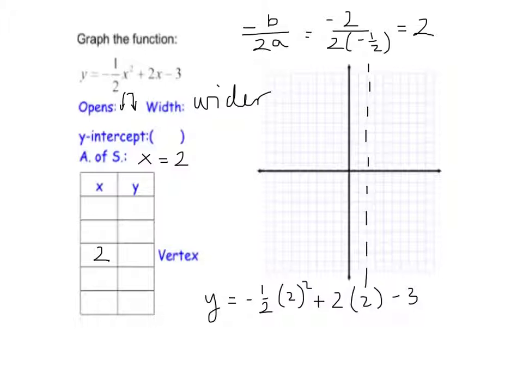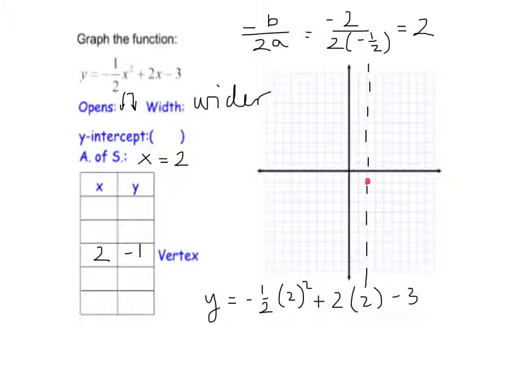So the y-coordinate of the vertex is negative 1. Now I can plot this point and figure out what other points I need to find in order to graph the rest of the parabola.